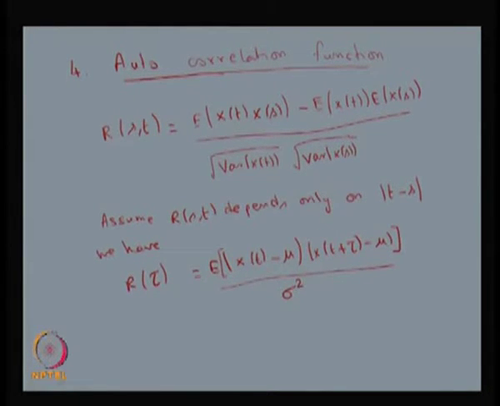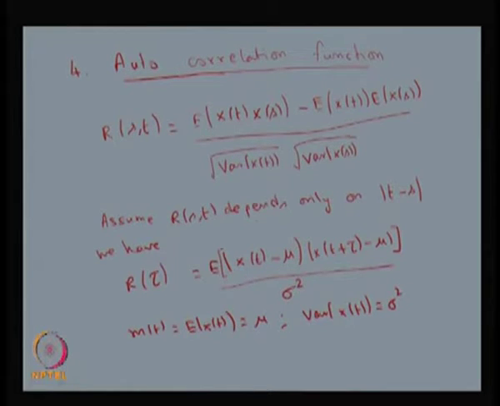So, here I have made one more assumption, the m of t, that is nothing but the expectation of x of t, is going to be mu, and the variance of x of t is going to be sigma square. With that assumption only, R of tau is going to be expectation of this product divided by sigma square, where the variance of x of t is not a function of t, it is a constant, sigma square, and similarly the mean function expectation of x of t is going to be mu, that is also independent of t.